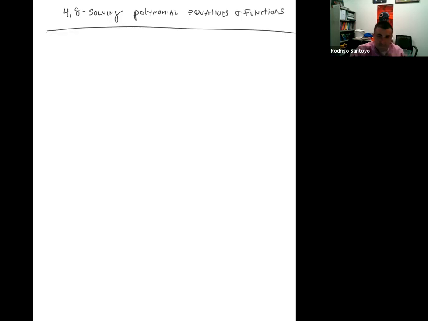Solving polynomial equations and functions. So we're taking a look at solving these polynomial equations and functions.